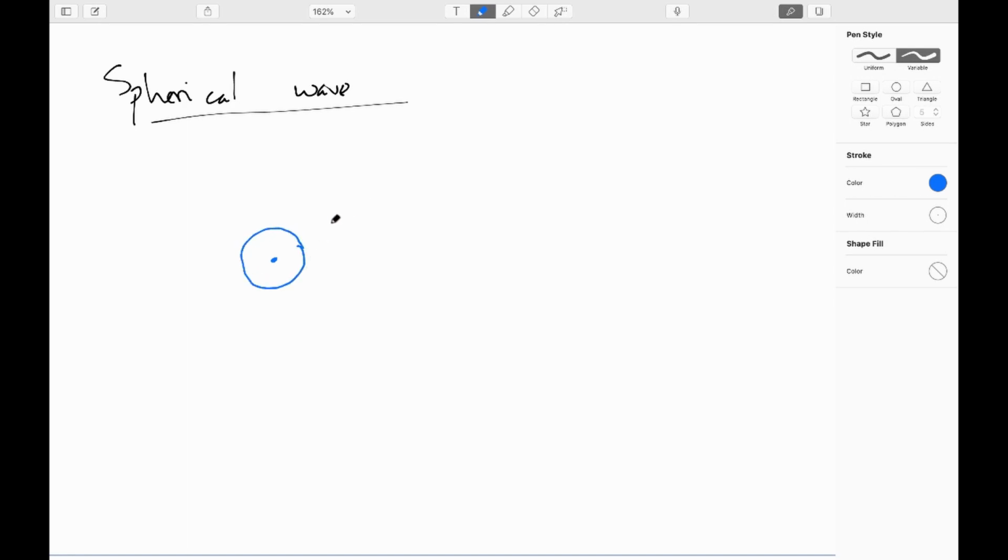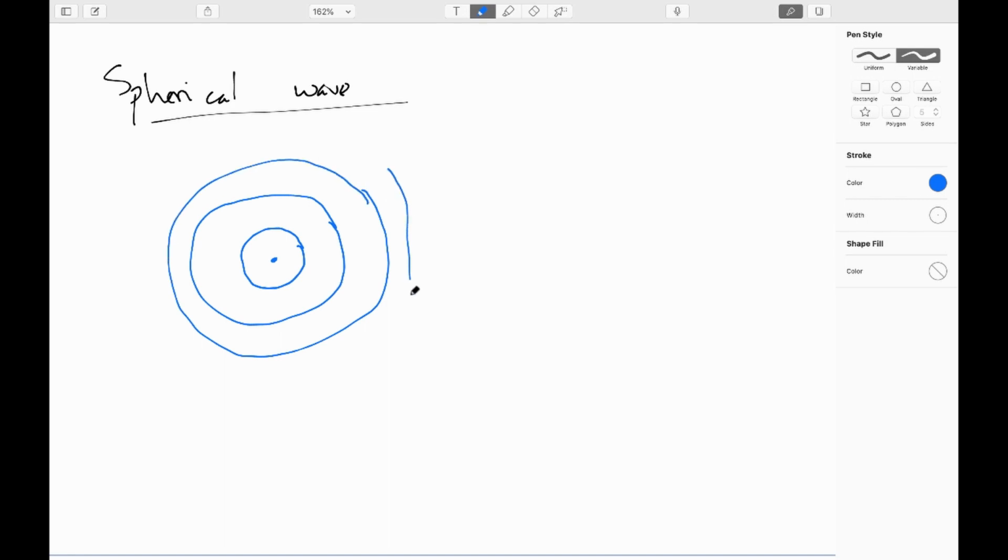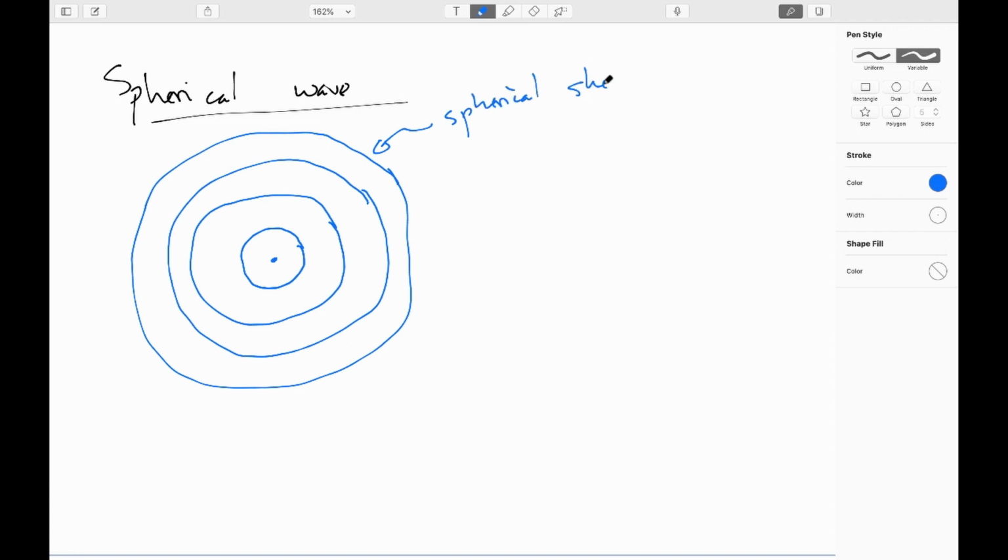Then we can draw concentric circles around it, and even though I'm drawing circles, you should understand that we're looking in 3D cross-section and that these are actually spherical shells. So the wave fronts are spherical shells in 3D around the source of the wave.